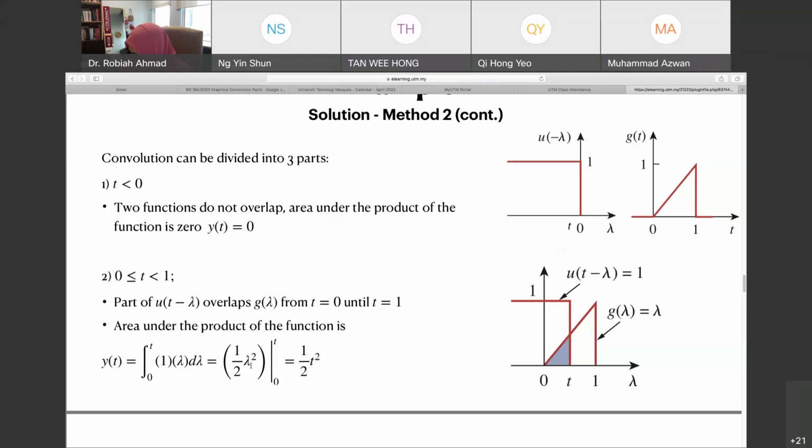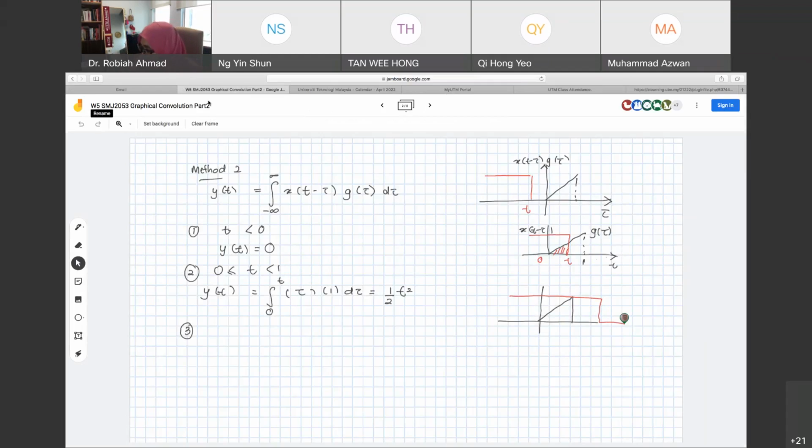I draw it longer, like that. So this is x(t minus tau), g(tau). Again, the overlapping. In this case, class, between what? So t more than 1. If we look here, 0 to 1, and this is t.